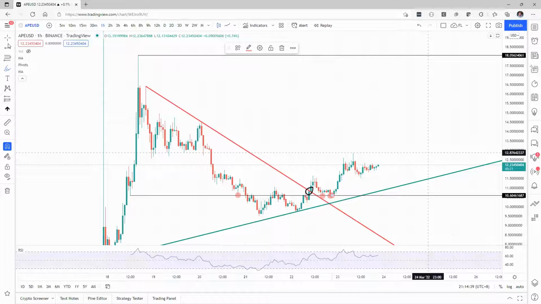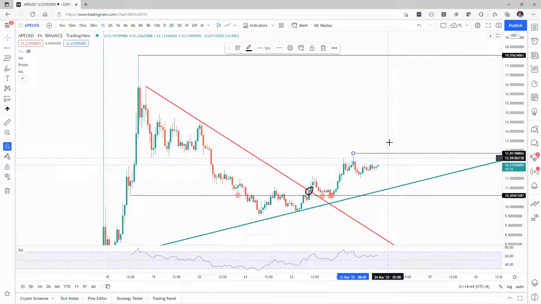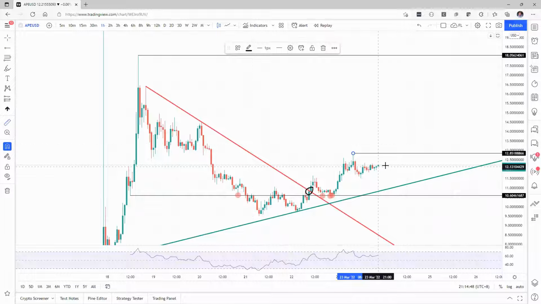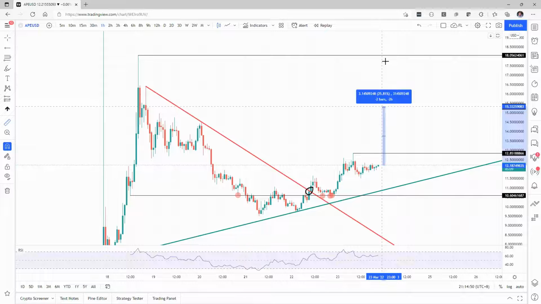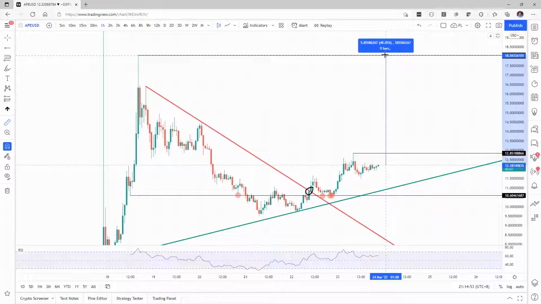So going forward, very important then will be to take out this $12.85, and once through there, expect then to see some more upside lift that could even reach all the way up to this level here, so 48, almost 50% rally going forward from where we are at the moment.